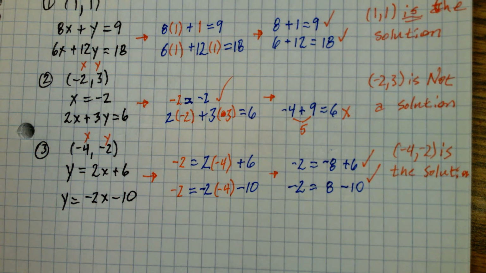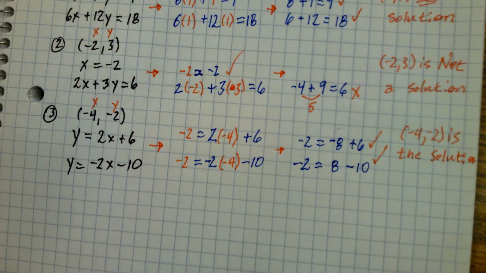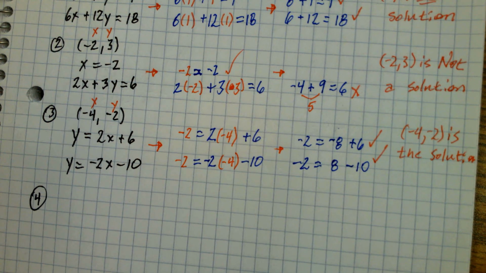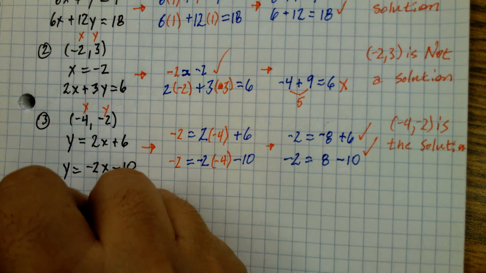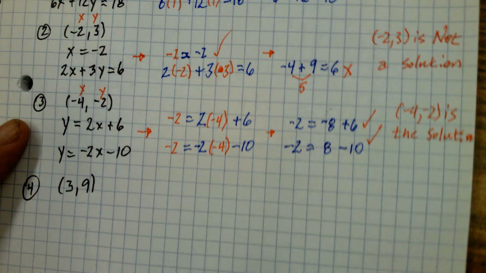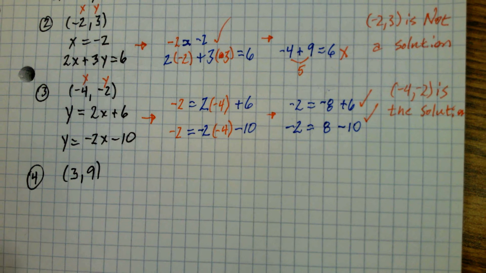All right. Last one. Okay. So try this one. 3, 9. And then we'll have another one in slope intercept form. Let's see.